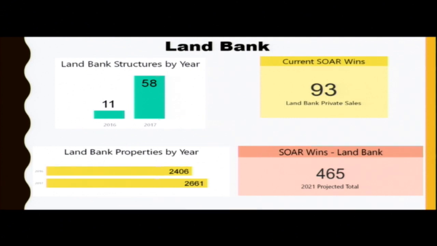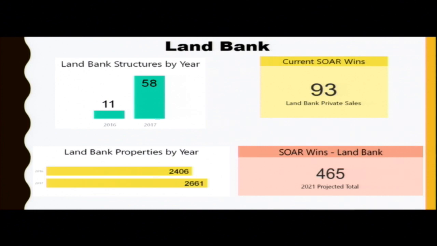The land bank structures by year is 58, and that's because we're taking properties into the land bank now, and we're calling those opportunities. So that is a win for us. And the number at the bottom went up by 255, and that is a win because we are now taking structures in.